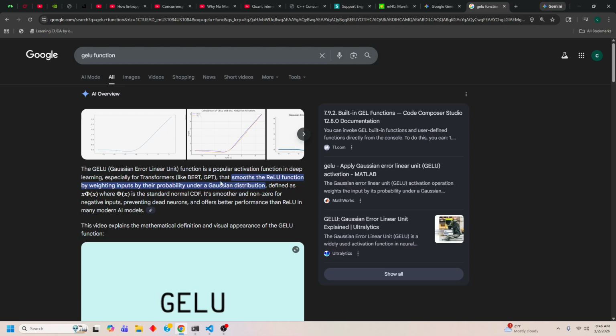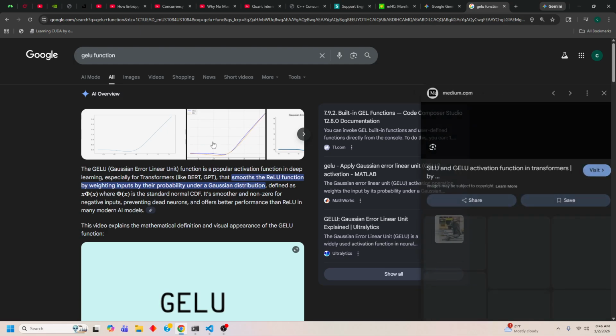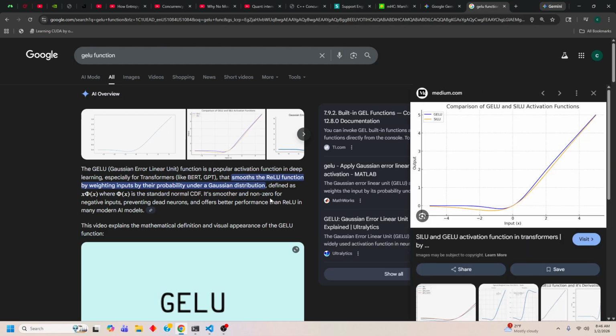Okay, so it smooths ReLU by weighting inputs by their probability under a Gaussian. Interesting. Looks like this, using a cumulative distribution function. X times phi is the CDF. Okay, gotcha.